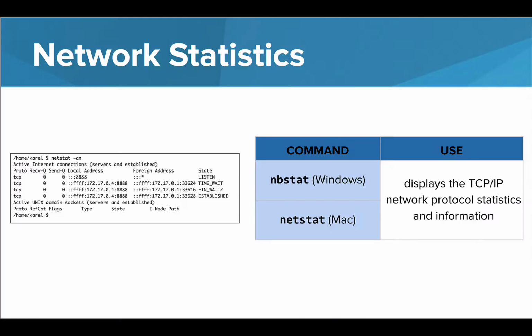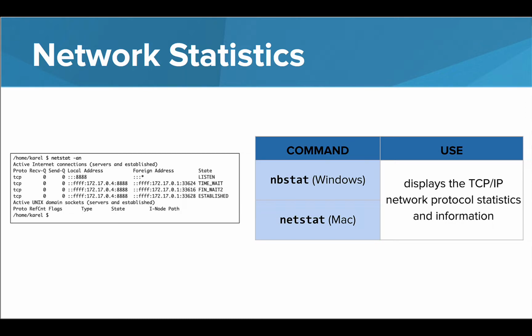So now that we know a bit about our own network settings, let's see how we can connect to other networks. These two commands, nbtstat and netstat, again, depending on which operating system you're using, will display all connections and listening ports. What this means is that it basically lists all the ways that you can connect to other networks. It can also be used to display a routing table, which is a list of specific routing destinations.